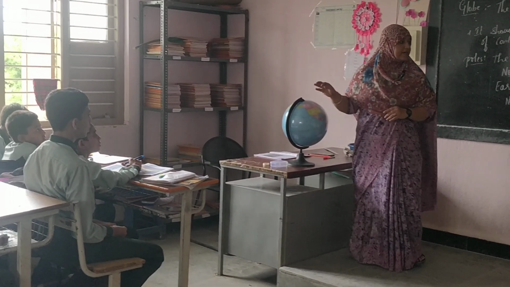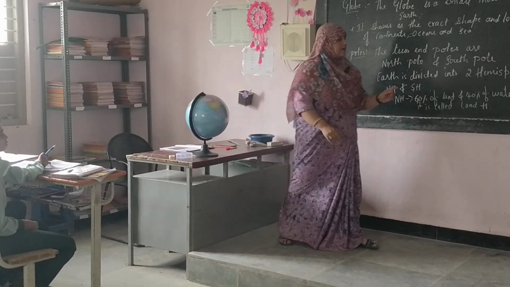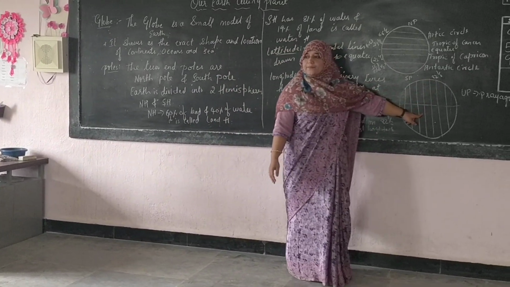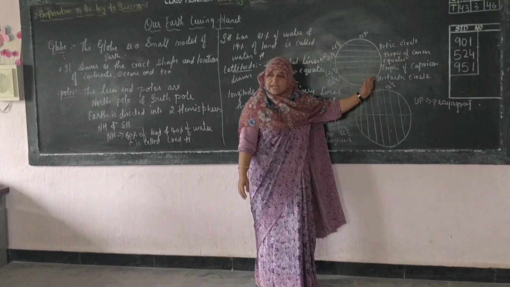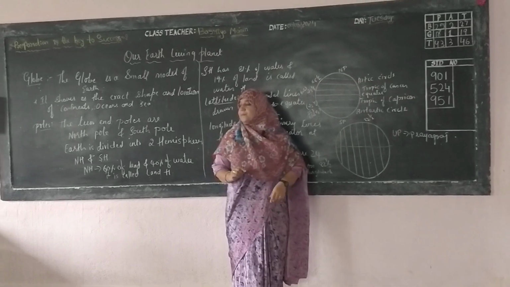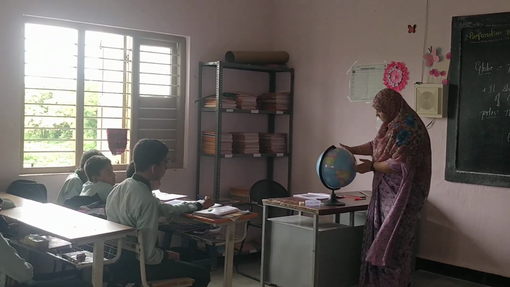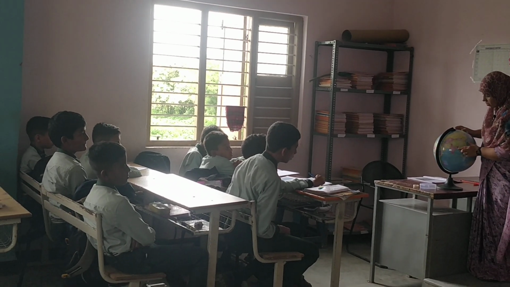Our Indian Standard Time is based on 82.5 degree east longitude. The 82.5 degree east longitude line passes through India. You can see here. Where is our India? It is in which continent? Asia, the biggest continent.